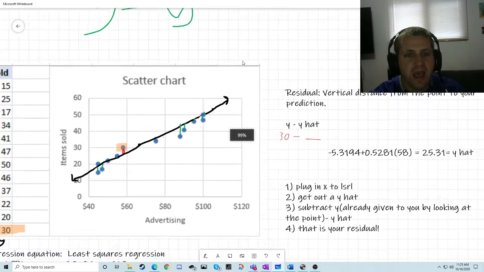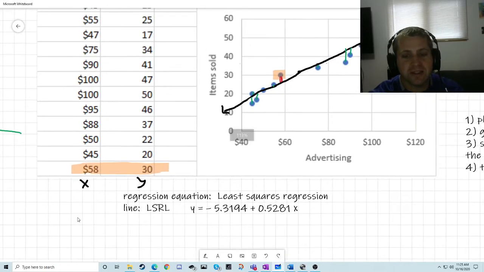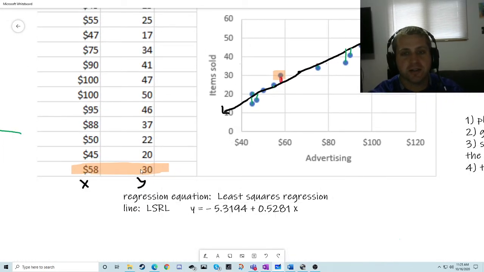To get the y hat, I need to actually make a prediction. But I need to make it at the same spot as the x of my point, which is 58. I can't make a prediction at like 80 because that's not going to land on this point. Whatever my x was for my point, that's where I make my prediction.